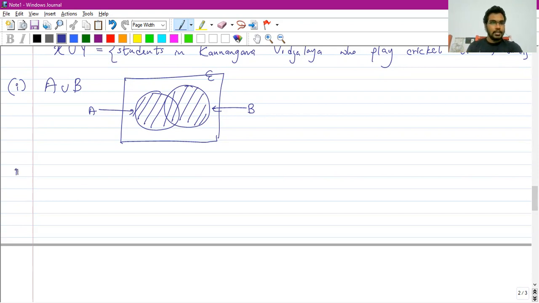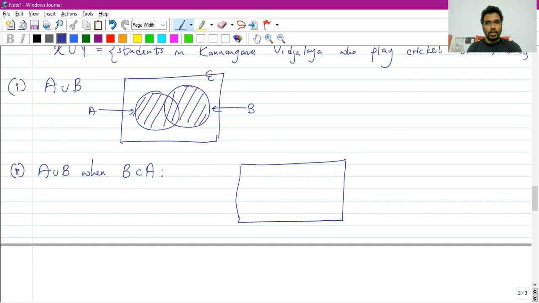And second instance, we can take A union B when B is a subset of A. I have discussed this last in the intersection part also. You can denote set B like this.